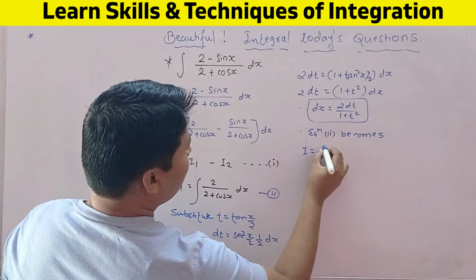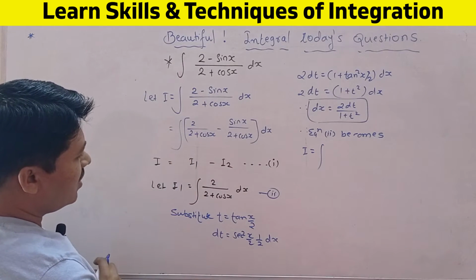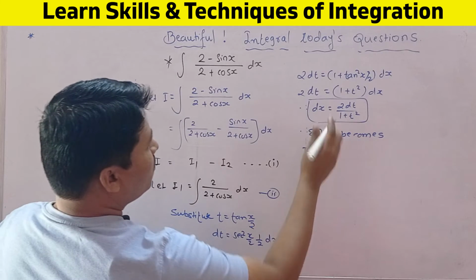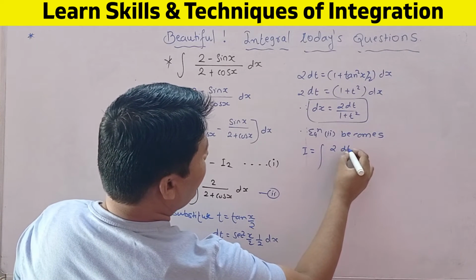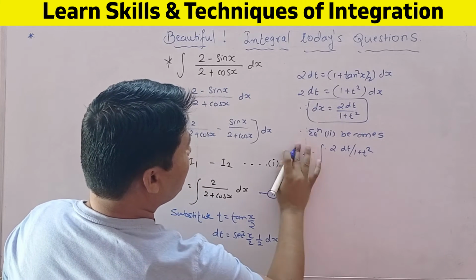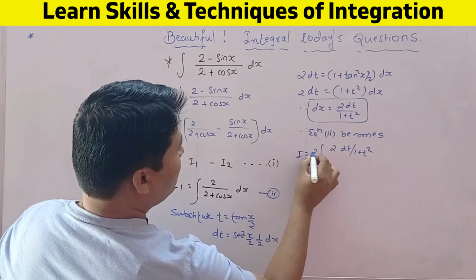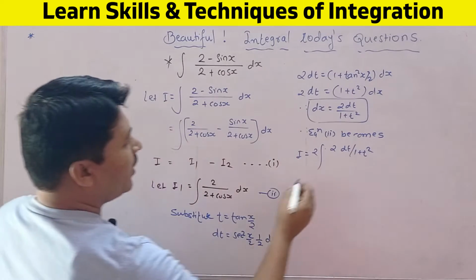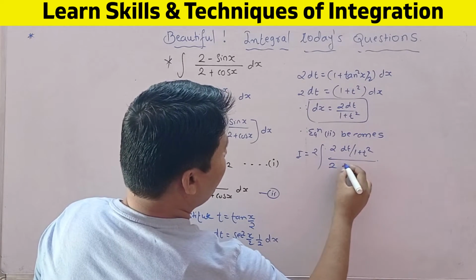So I1 is equal to the integration, where dx is 2 dt upon (1 plus t square), and the 2 in the numerator is already a constant term, divided by 2 plus cos x.